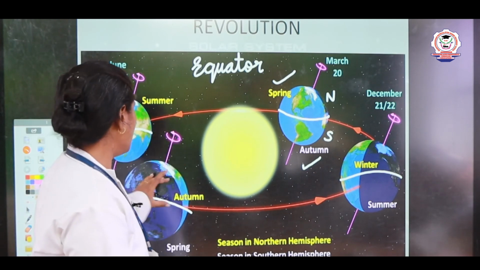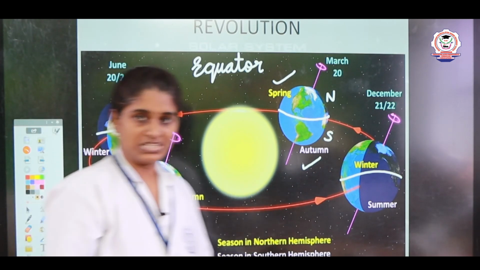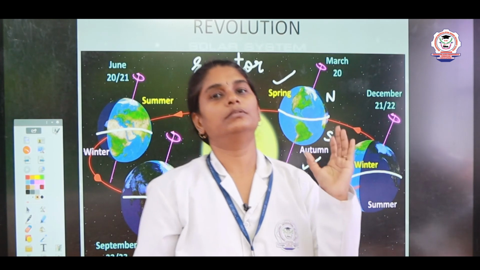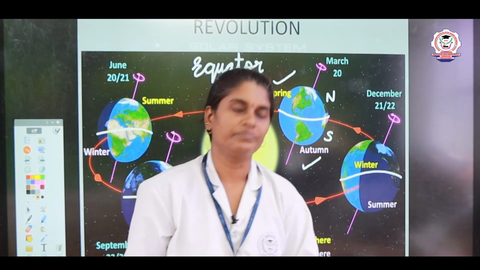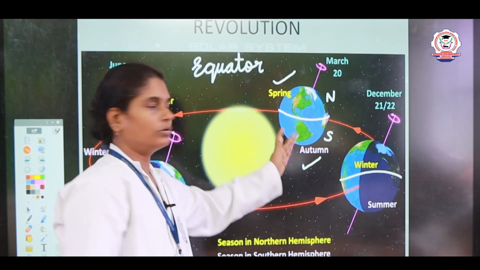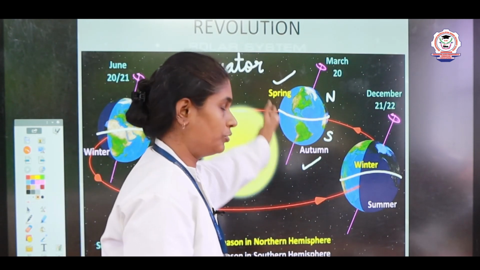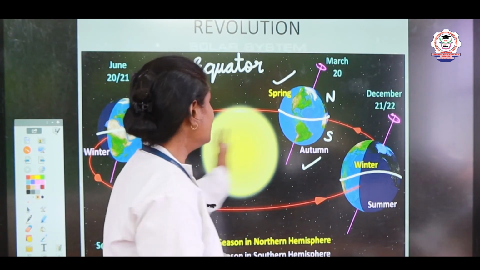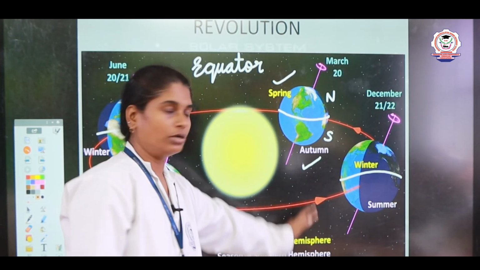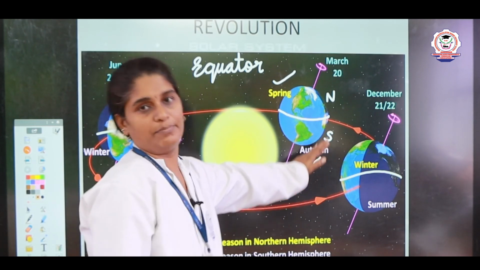During the spring and autumn seasons, the weather will not be too hot or too cold, okay. Whereas in summer season it will be very hot, and in winter season it will be very cold.